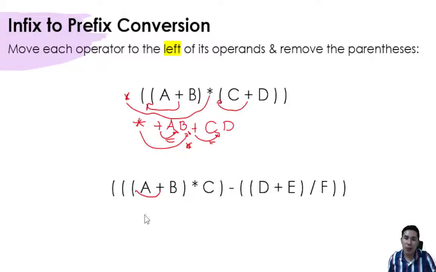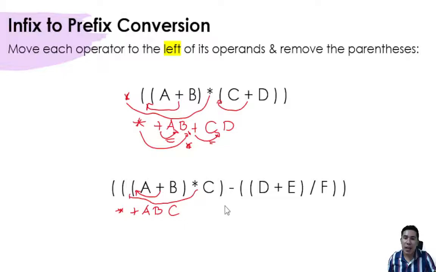Up here, you have A, B, then plus, followed by this operator here, and then you write the C there.